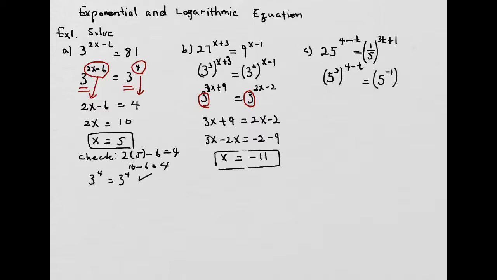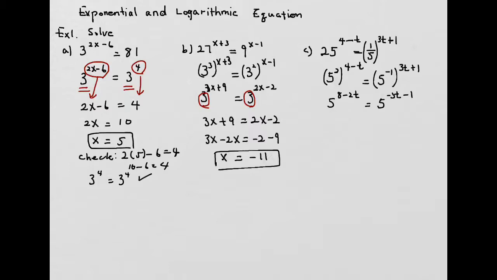Negative makes your base flipped, so plus 1. And then simplify your exponent by distributing one term into two terms. So you get 8 minus 2t exponents. And this is going to be negative 3t minus 1 exponents.